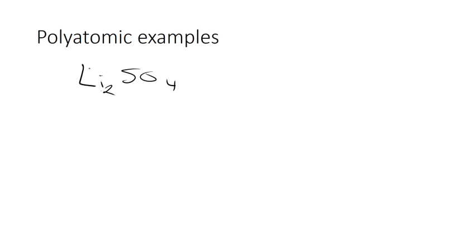We know it's lithium. It's a single element because we've got a capital letter, lowercase letter. And then this, we have S and O. We can tell that it's 2 elements because there's 2 capital letters. We've got this 4 subscript out here. So when you look at SO4, that is sulfate.